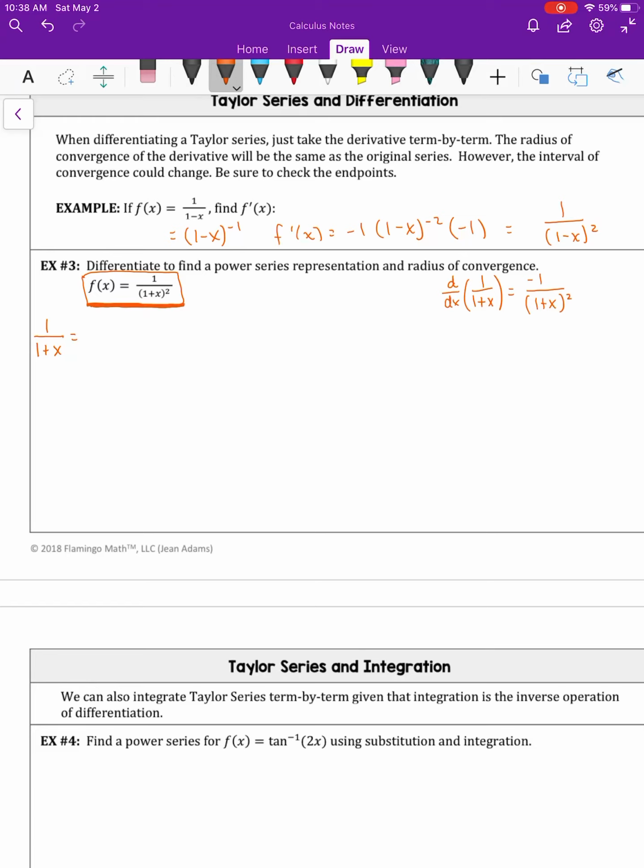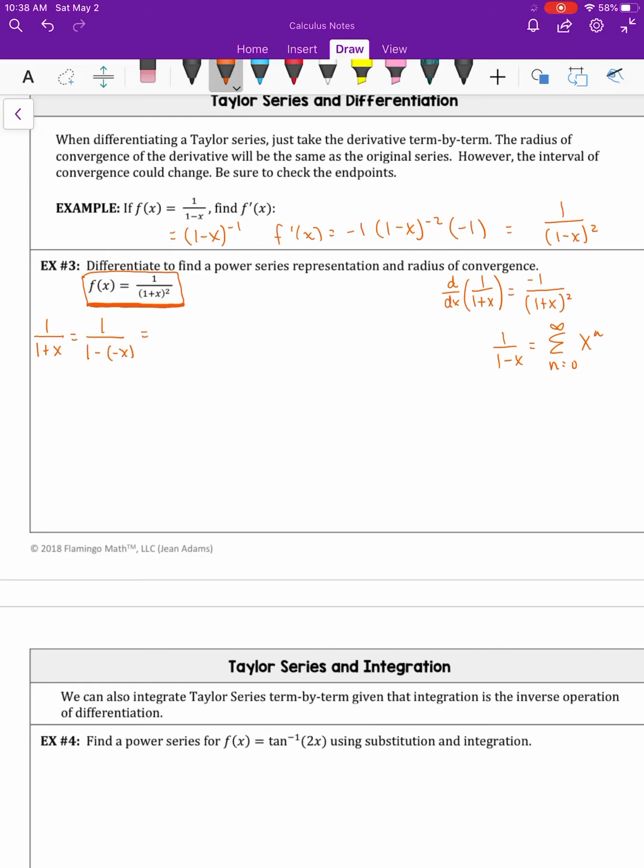So what we want to do is look at what 1 over 1 plus x would be as a power series, because we know the power series for 1 over 1 minus x is summation n equals 0 to infinity x to the n.